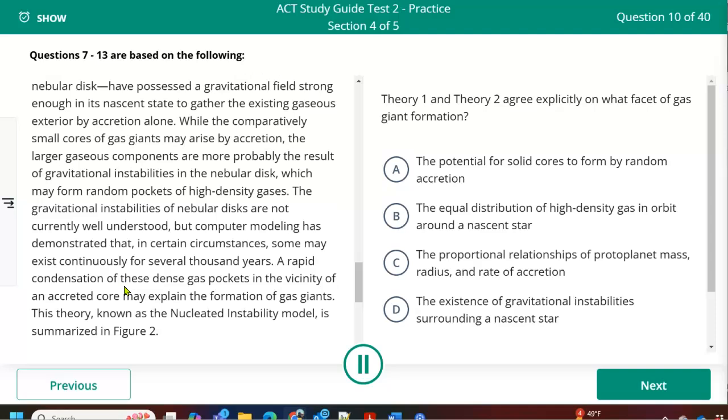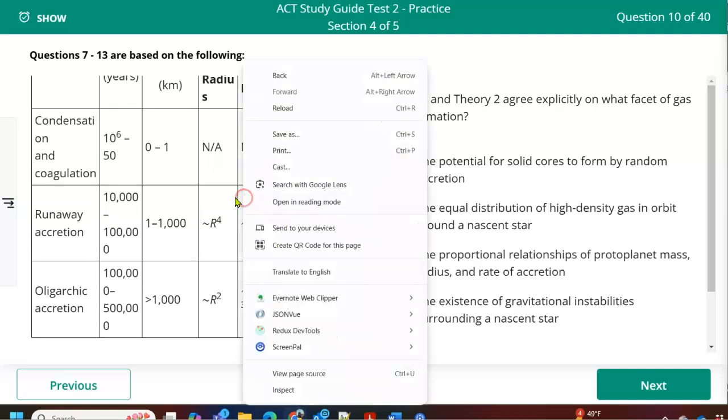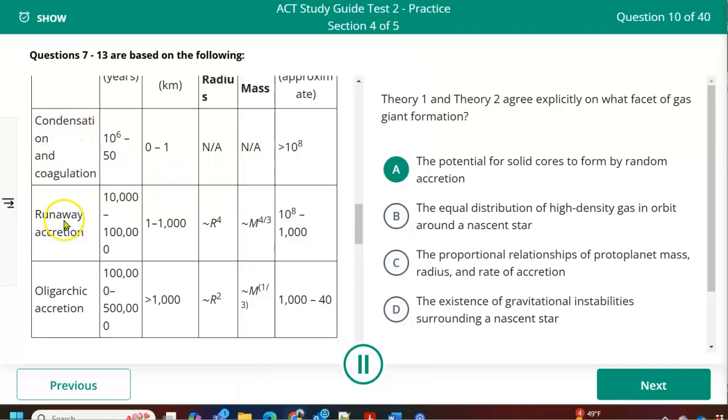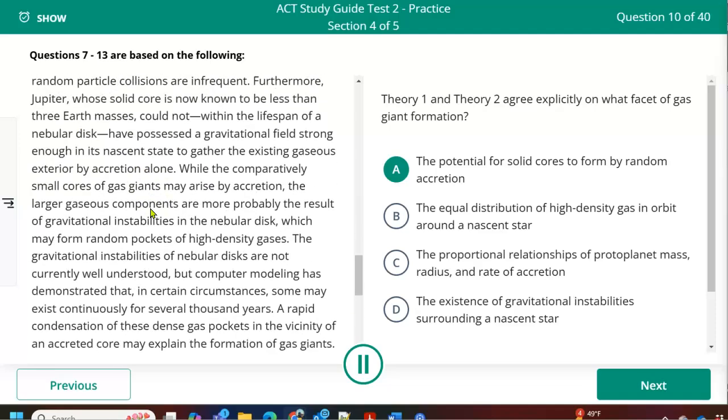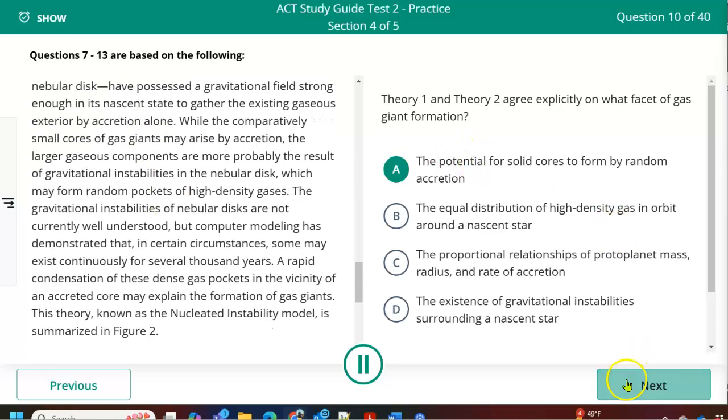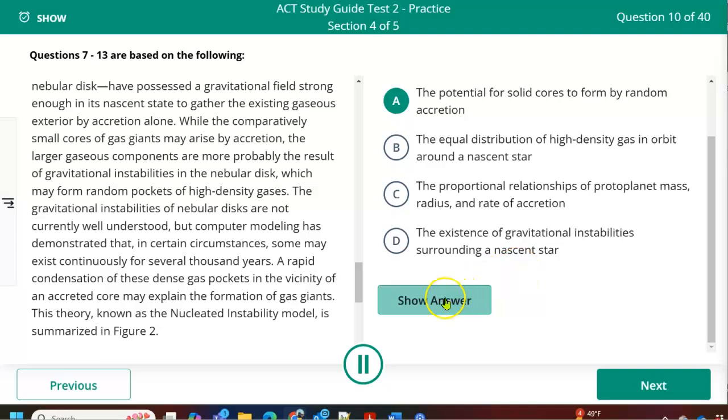That's a tough one. I'm going to go with accretion. It looks like both of them will agree on small cores arising by accretion. This one is actually all about accretion. So let's go with solid cores by random accretion.